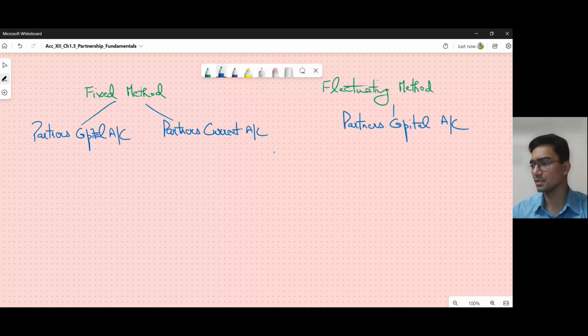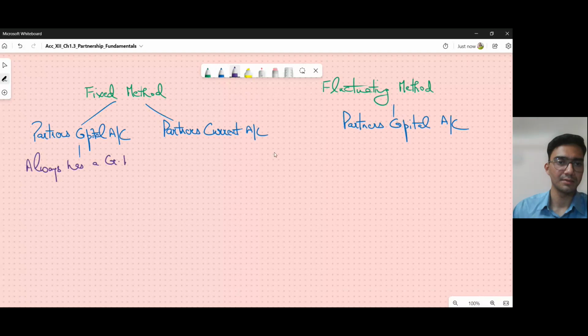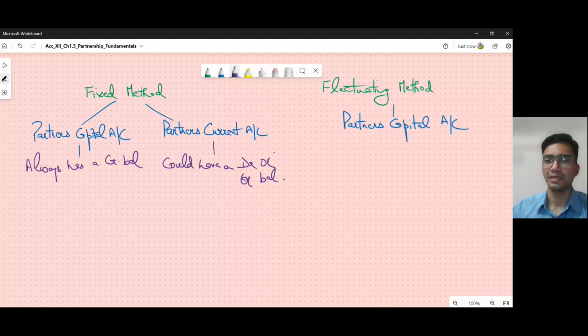One is going to be the partner's capital account. And some things to note in this is this capital account that we create over here, this always has a credit balance. Whereas this partner's current account that we make, this could have a debit or credit balance. And the same holds for the fluctuating method, the partner's capital account.